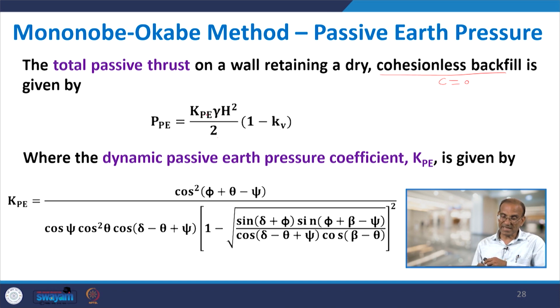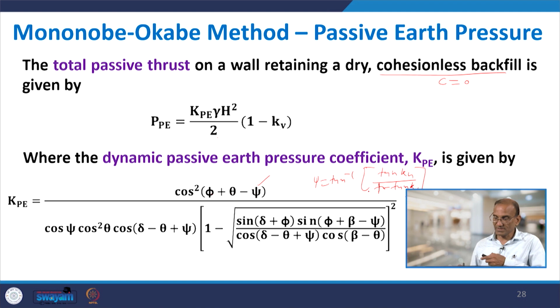It was Ke earlier, and again when you find the value of Kpe, all 5 angles are coming: phi, theta, psi, delta and beta. The definition of psi is the same as we discussed. Psi can be calculated as tan inverse of kh divided by (1 minus kV).